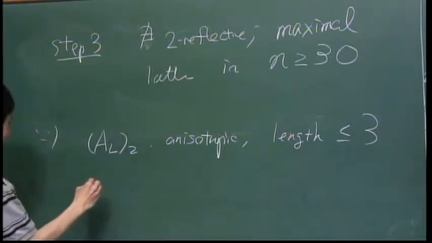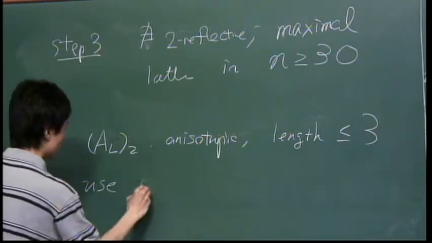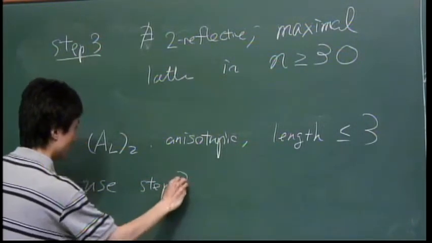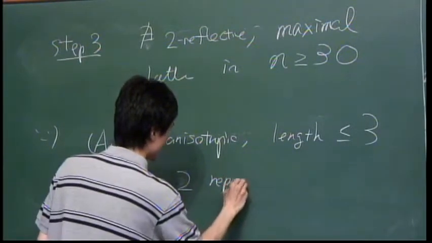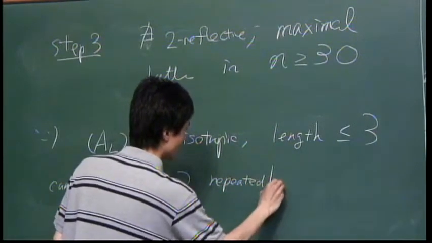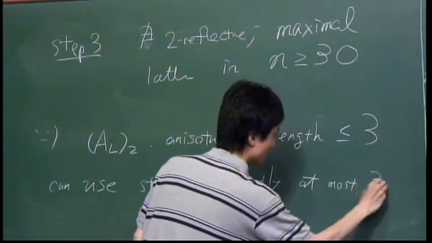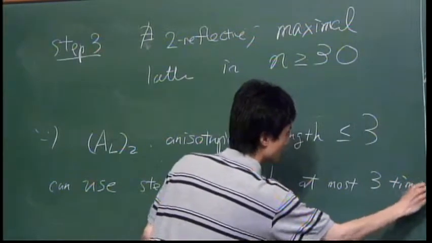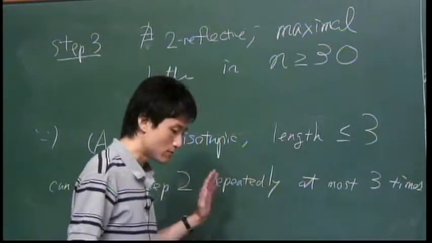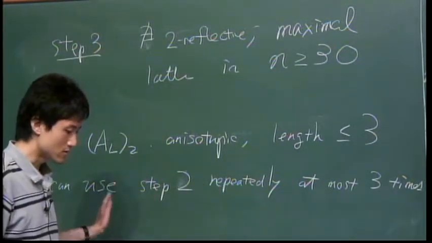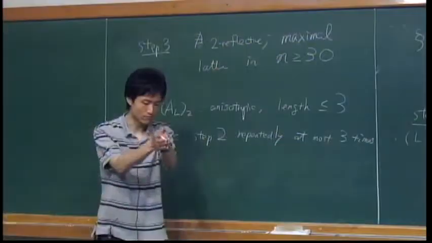And we can use step 2 repeatedly, at most 3 times, because if we use this step 2 process, then the length of the discriminant form will be decreased.